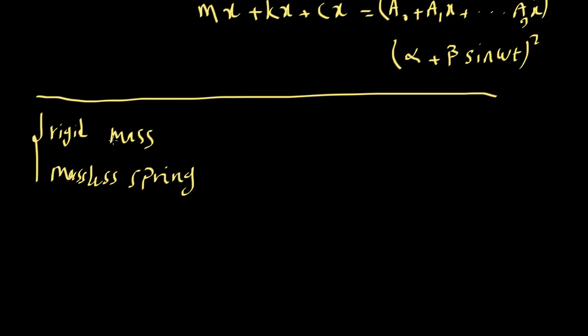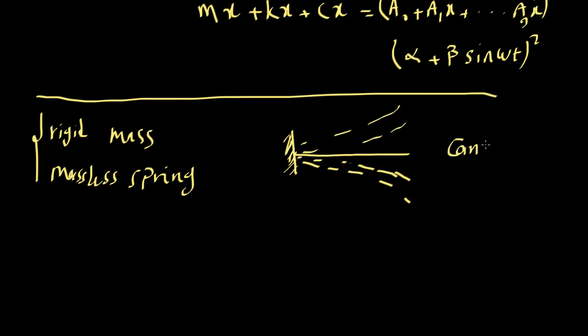An example would be, let's say you have your ruler here, you fix it on one side and deflect the other end of it and just let it vibrate. So you have a flexible structure that goes down and then goes up, oscillating like a cantilever.